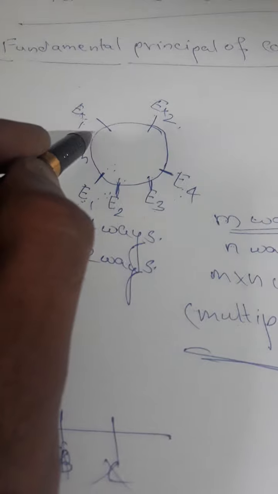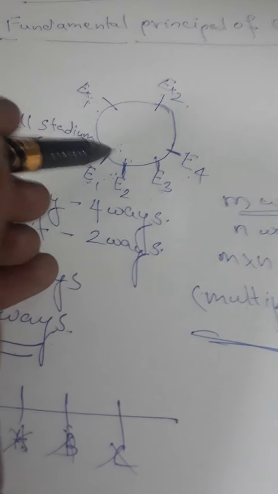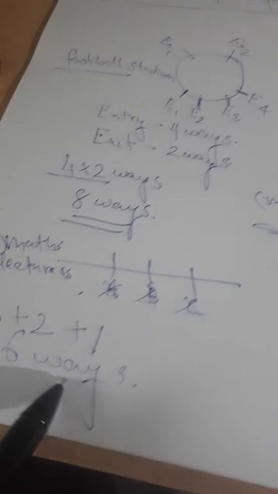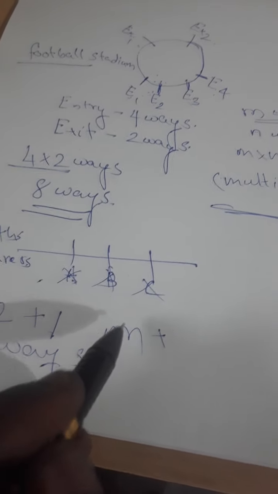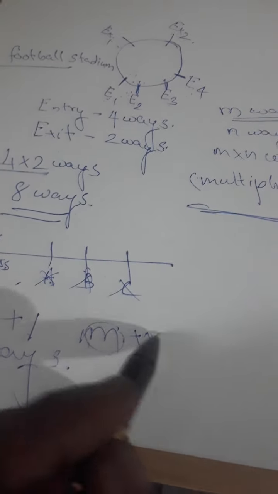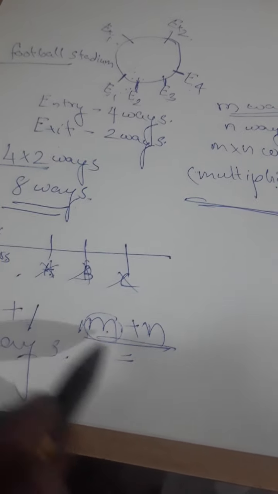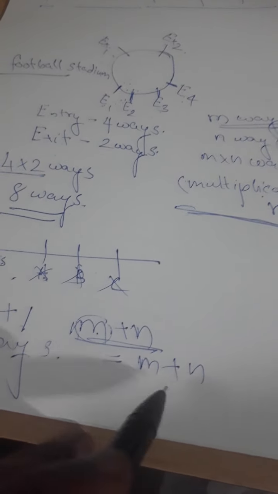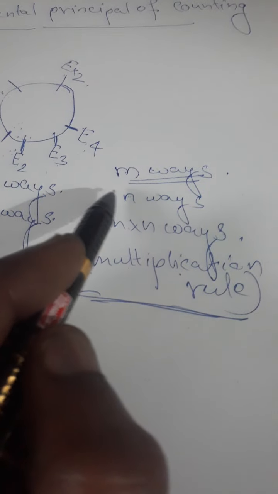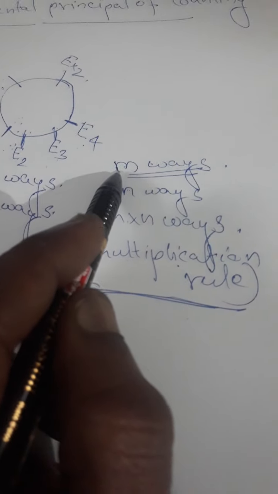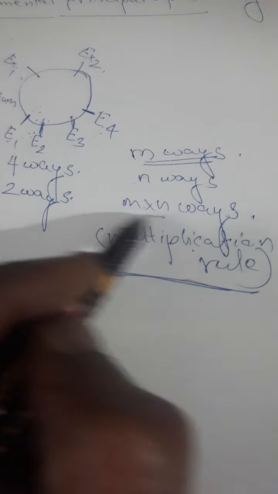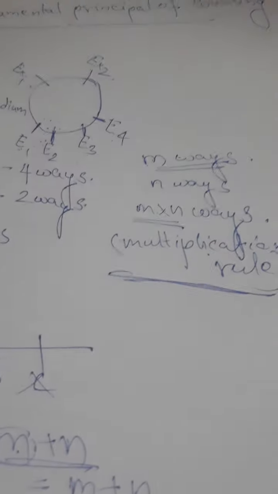But in the earlier case, after this event there is another event. So if an event occurs in m ways, and another event which is independent of this occurs in n ways, then the total number of ways is m plus n. And if the second event is dependent on the first, then it can occur in m into n ways.